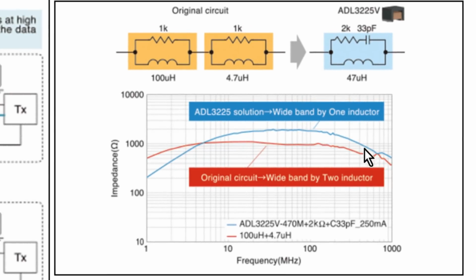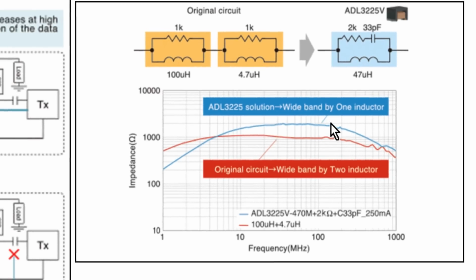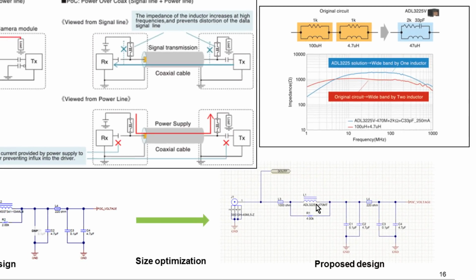Here, as you can see, the ADL3225V is represented by the blue trace, and you can see the self resonance occurs at very high frequency, 700 megahertz, and hence it offers very high impedance over a wide frequency range, and you don't need to add any further inductor. And this is again a very small inductor, and thereby you can achieve size optimization.